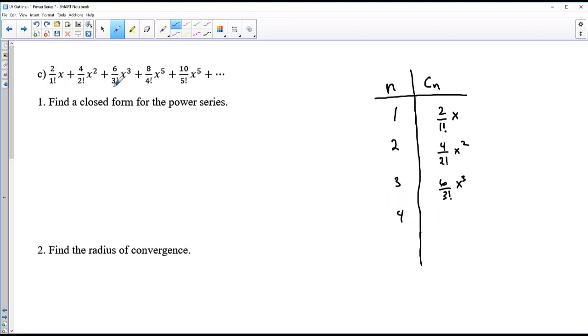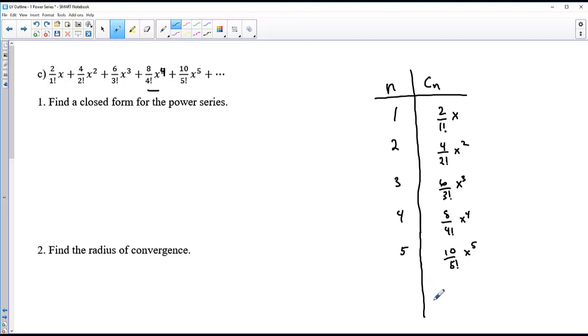So like the fourth term right here would be this one. And oops, there's a mistake right there. I think that should be a fourth power. So let's change that to a fourth power if I haven't changed it already on your paper. And so that's 8 divided by 4 factorial x to the fourth. And then one more, 5: I have 10 divided by 5 factorial x to the fifth.